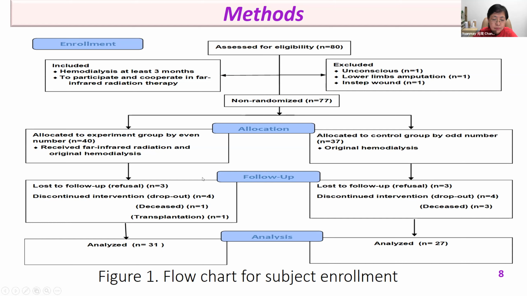In total, 19 patients dropped out of our study, so we have only 31 patients in the experimental group and 27 in the control group.